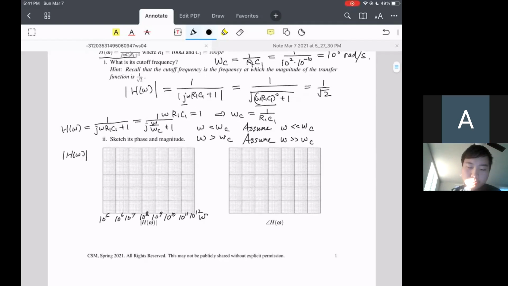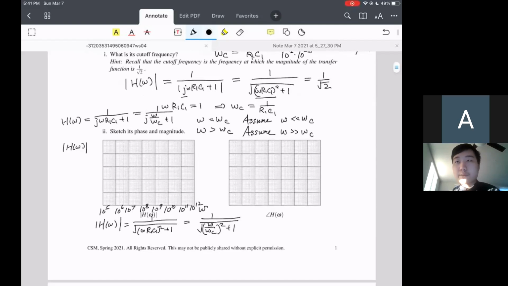We know that the magnitude of the transfer function, as we derived from part 1, is equal to 1 over root of omega r1c1 squared plus 1, which is then equal to 1 over root of omega over omega c squared plus 1. As I explained, we do casework on the value of omega.